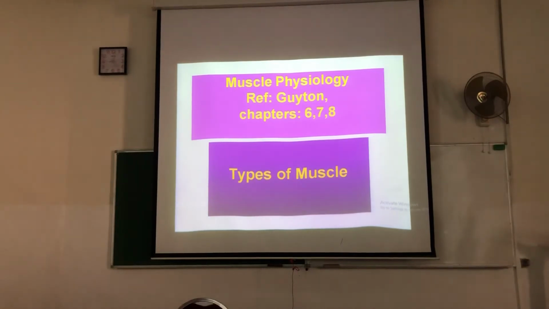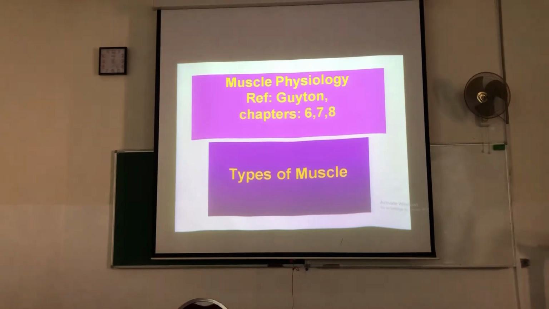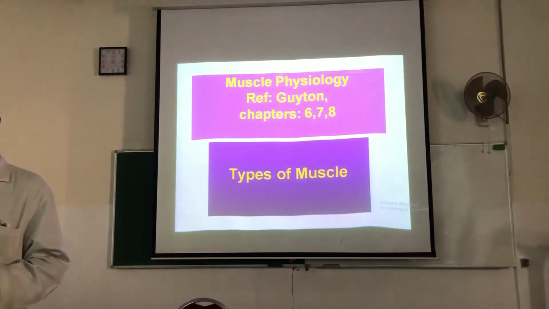Even within striated muscle, we find skeletal muscle and cardiac muscle. Both of them are striated, but we also have a lot of structural and functional differences between the cardiac and the skeletal muscle cell. Today we will focus more on the skeletal muscle cell.